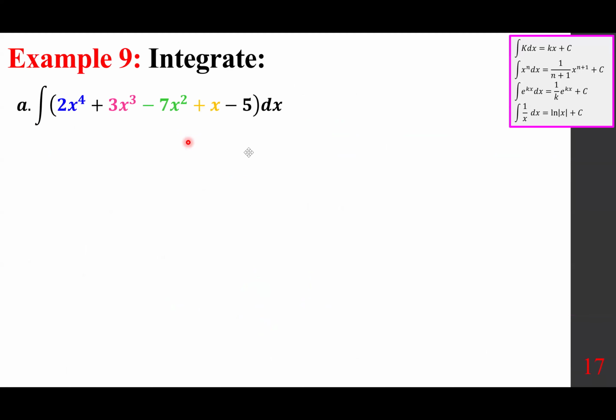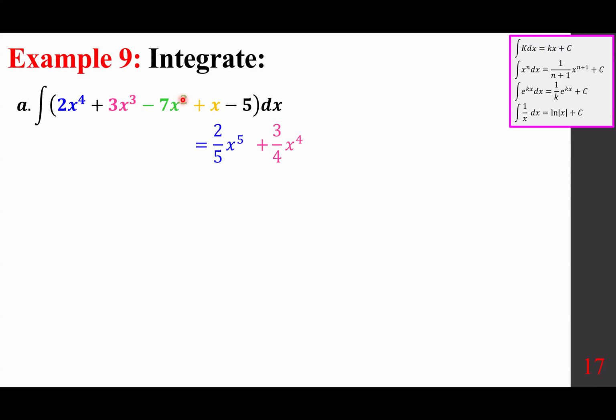We want to integrate this. We're going to do it term by term, starting with the first one. First, 2 divided by 5, you add 1 to the exponent. 2 over 5 x to the power of 5. This one, we add 1, we get 4. So 3 over 4 x to the power of 4.